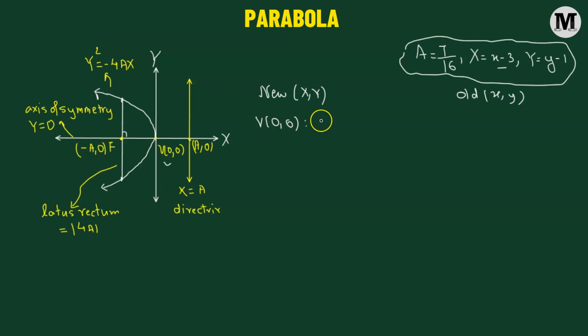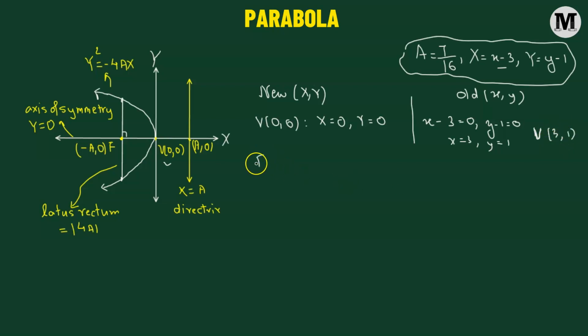This simply tells us that the X value will be 0 and the Y value will be 0. So in the old coordinate system, all we have to do is replace X with x minus 3, so x minus 3 equals 0, and in place of Y, we have y minus 1 equals 0. Solving for x and y, we get x equals 3 and y equals 1. So the coordinates of the vertex in the old coordinate system will be (3, 1).